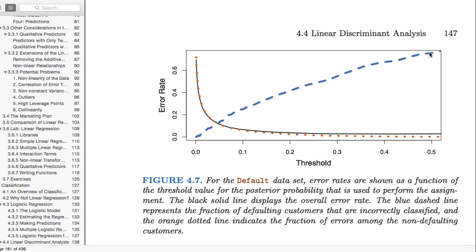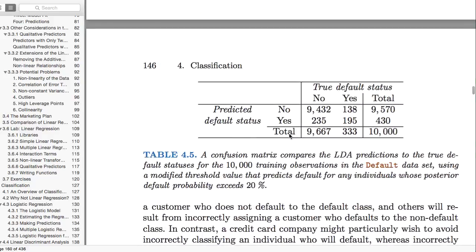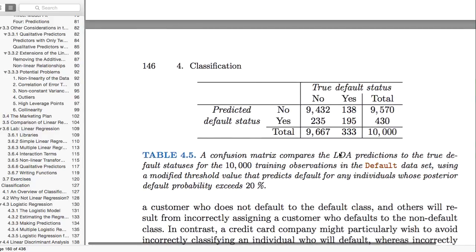So if, instead of trying to estimate the Bayes classifier, we took our threshold down to say 0.2, we would cut the number of defaulters in half and barely increase the number of good customers that we turn away. And that's exactly what we did in this display right here.